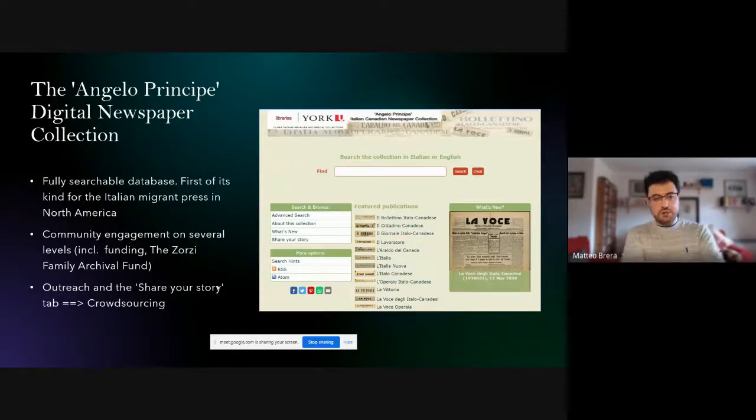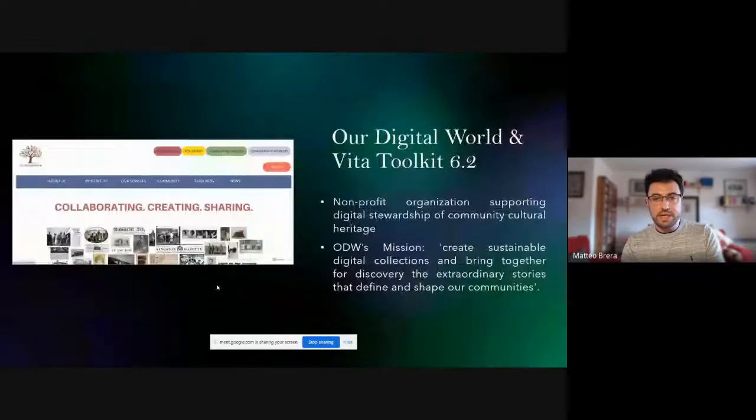So I mentioned crowdsourcing, and the importance of that Share Your Story tab for crowdsourcing. That was one of my main aims, and it's always been one of my main aims when it came to organizing and realizing these collections: connection with the community and with institutions at large.